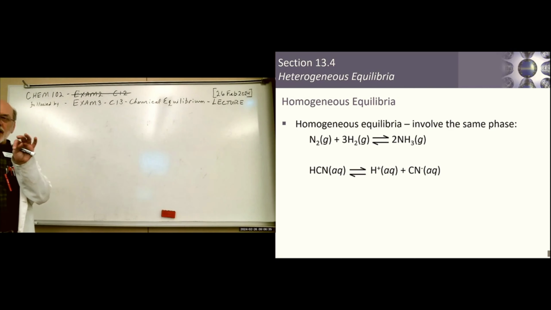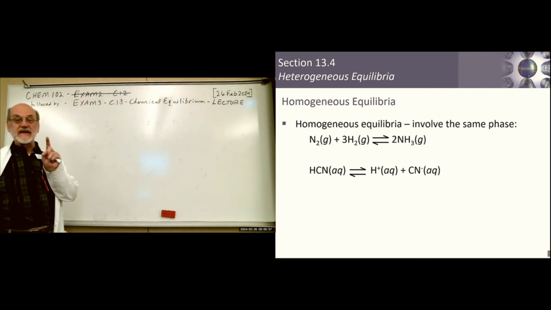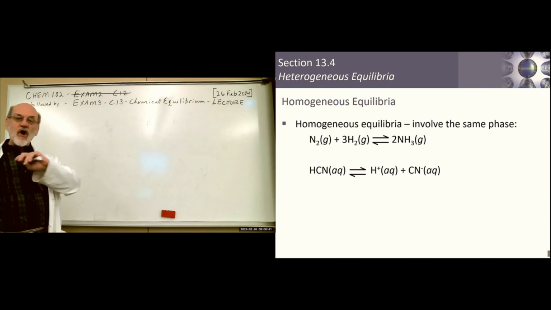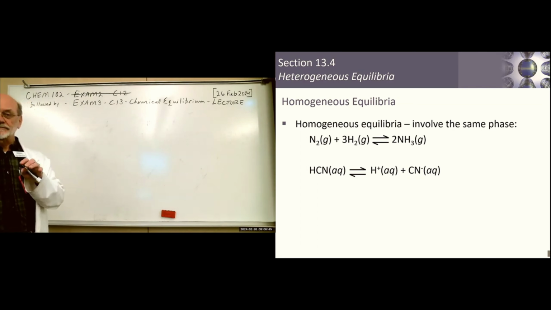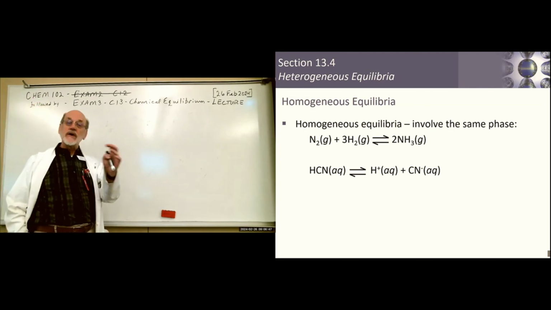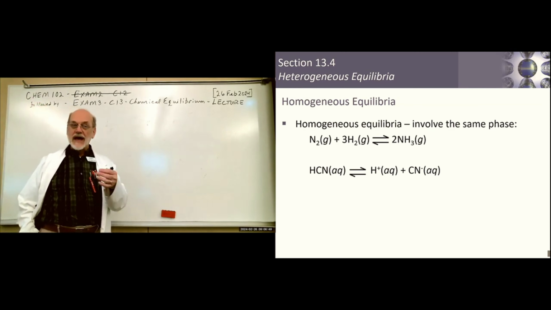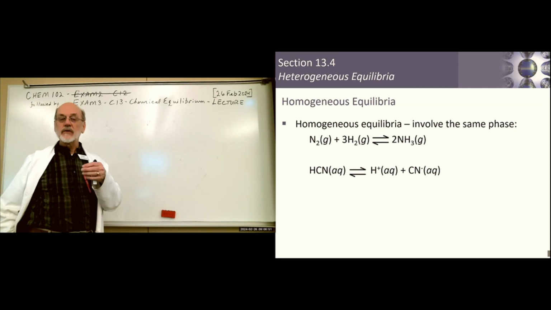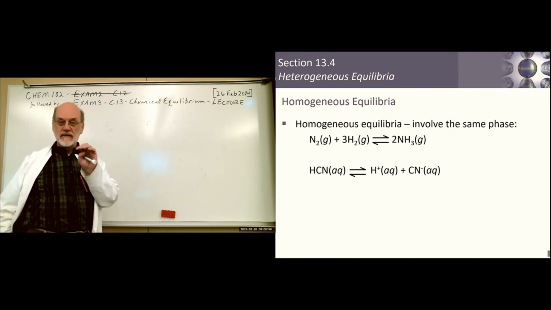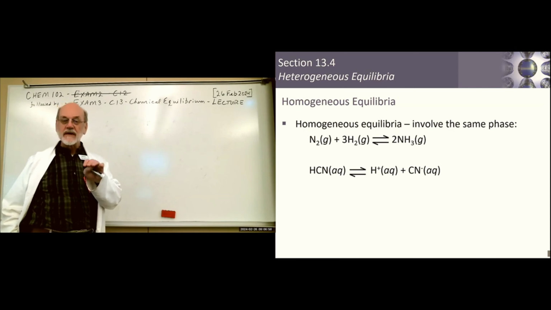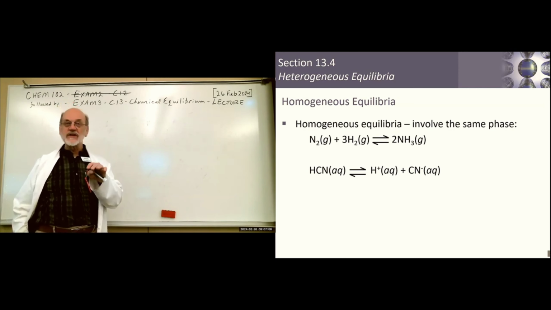If all the reactants and products are in the same phase, and here's our example, the Haber process, they're all gases. That is a homogeneous equilibrium. If we have everything in aqueous solution, hydrocyanic acid yields hydrogen ions plus cyanide ions in aqueous solution, that establishes a homogeneous equilibrium.